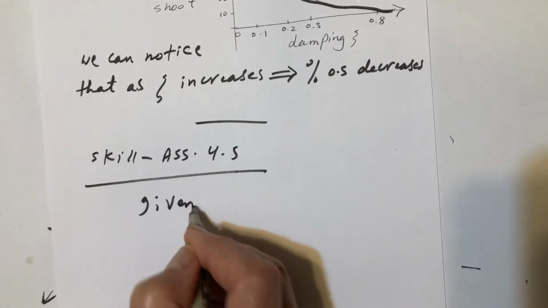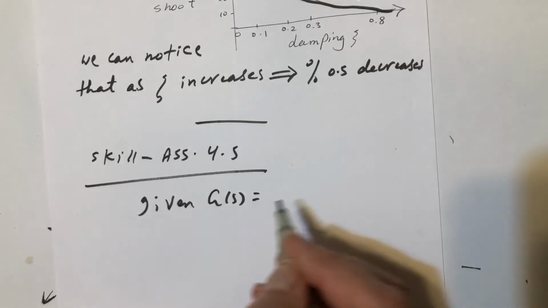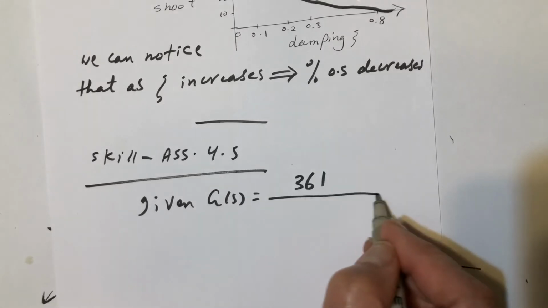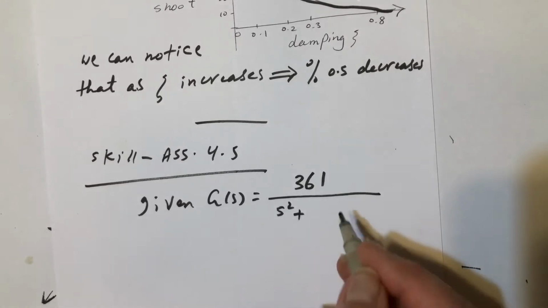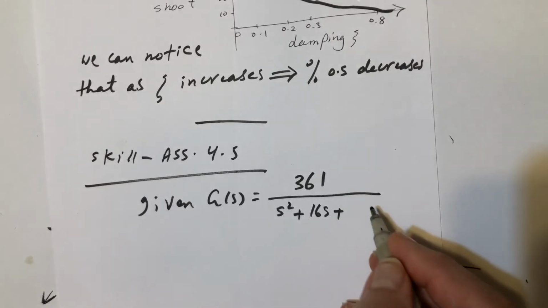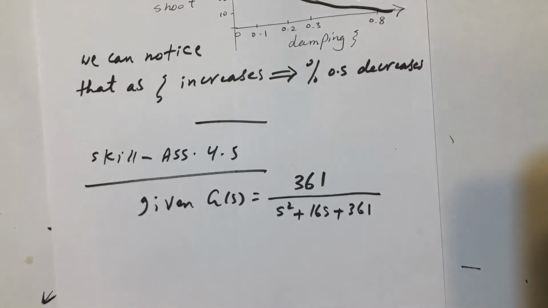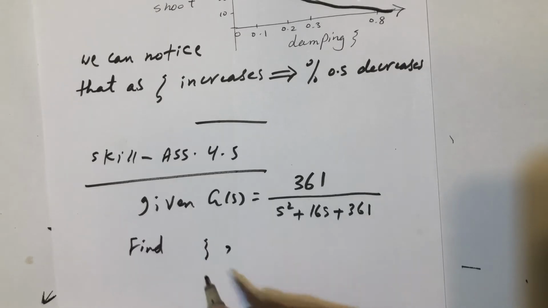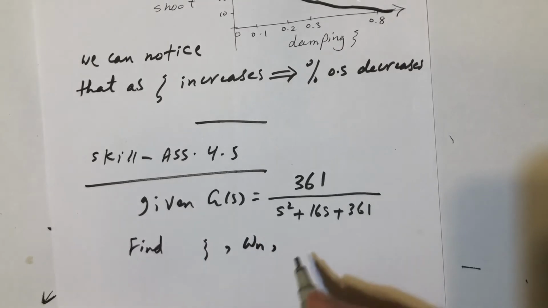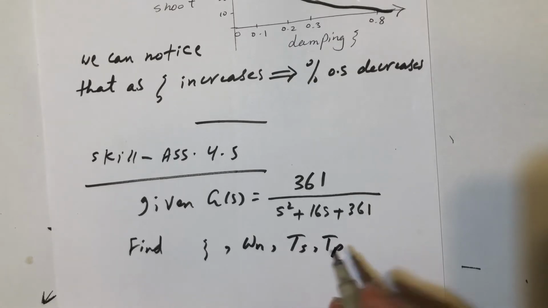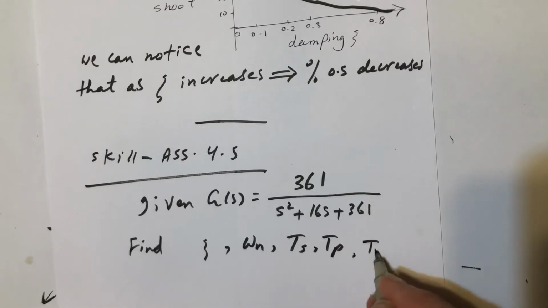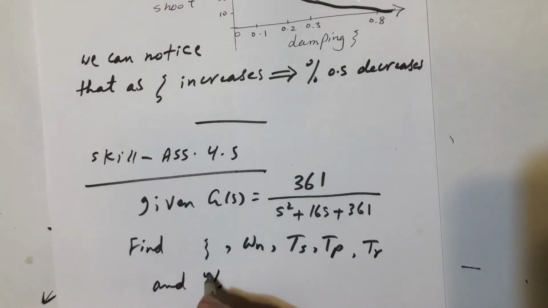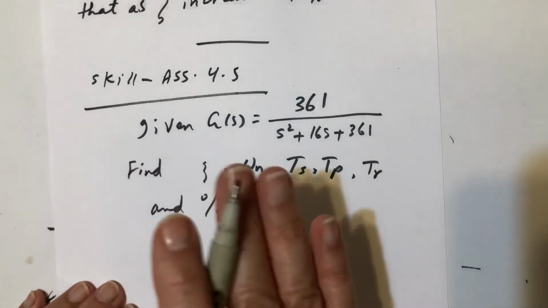Given G of s equal 361 over s square plus 16s plus 361, we want to find zeta, omega n, Ts, Tp, Tr, of course, and percent overshoot.